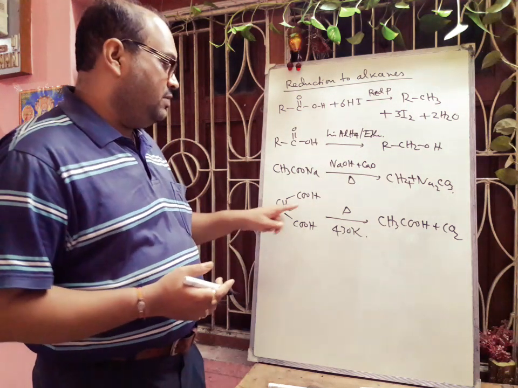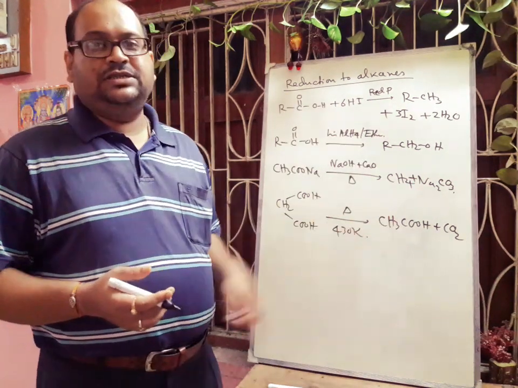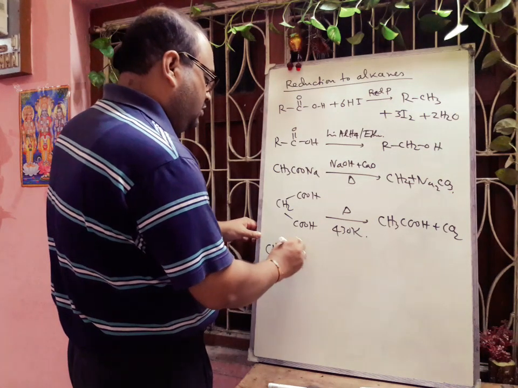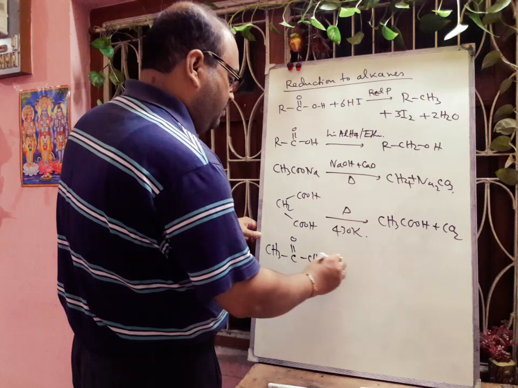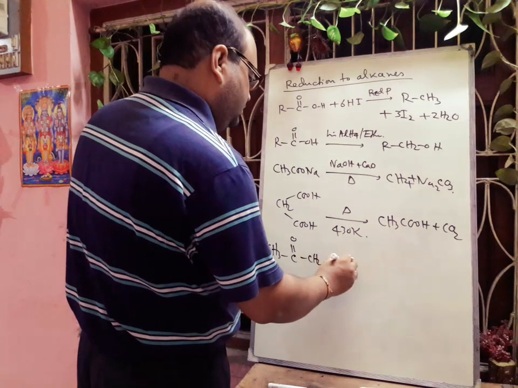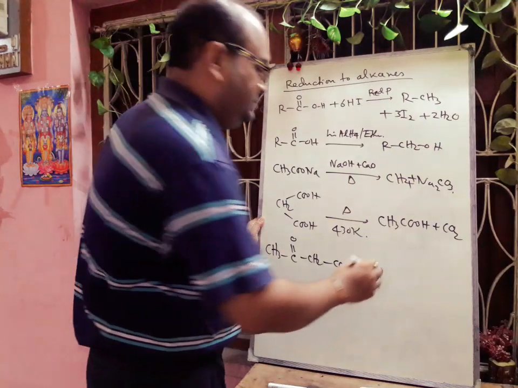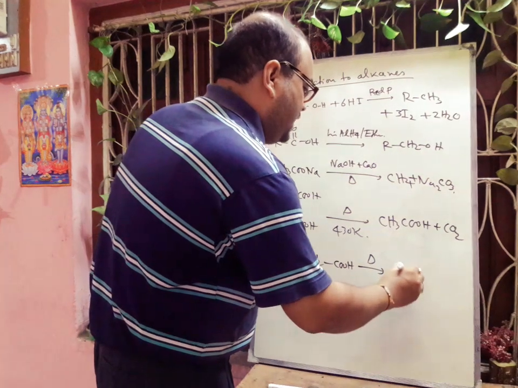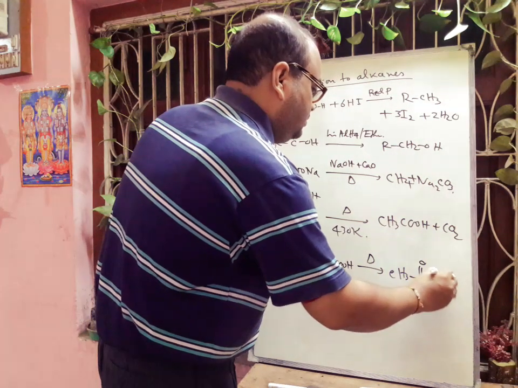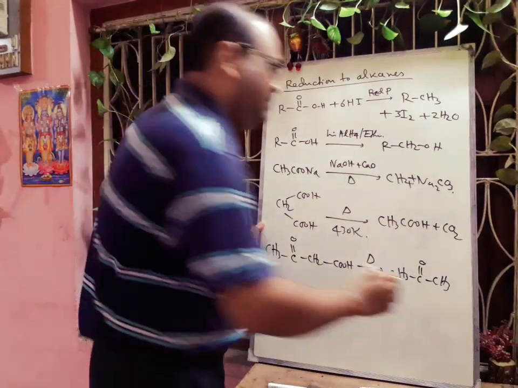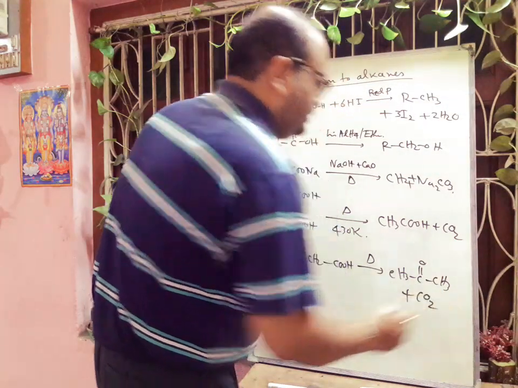Here from the dicarboxylic acid we are getting a monocarboxylic acid, and if we take the beta keto carboxylic acid and apply heat, it will produce acetone. Decarboxylation of this COOH group, and there will be formation of carbon dioxide gas. Understand?